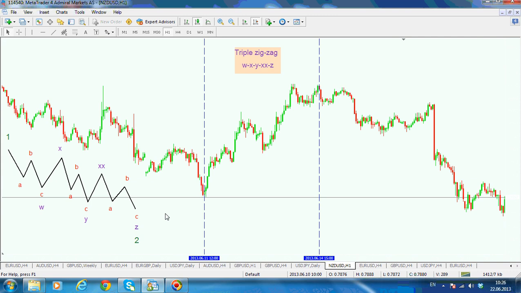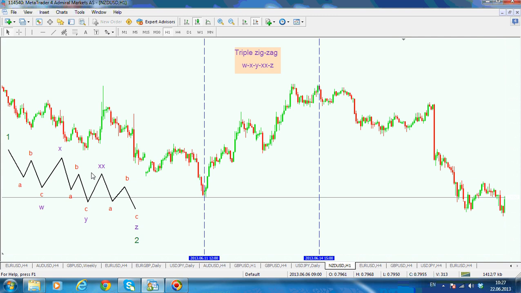Now, wave XX in a triple zigzag, meaning this one, is usually a zigzag family pattern, and it usually retraces less than 70% of wave Y by price. But again, this is not mandatory. You should measure the length of wave Y here and look for 70% of that wave, and usually the XX should fall below that 70% line.